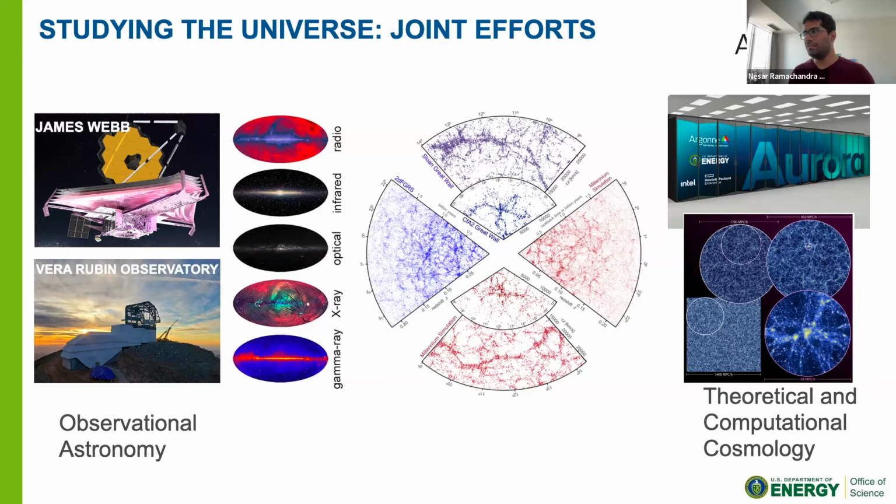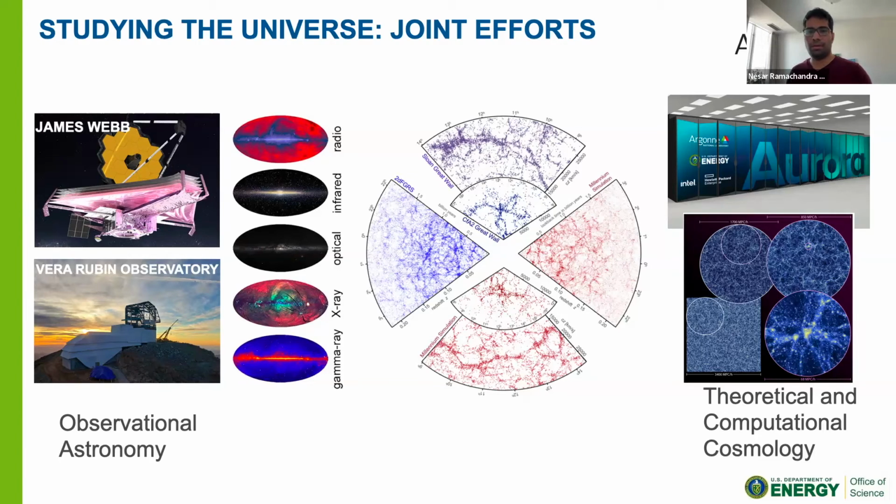And on the other end, we have these simulations that are run on extremely large supercomputers. At Argonne, we have the HACC team, which creates these massive large-scale structures of the universe. And these simulations are extremely expensive. Essentially, what you're trying to do is bridge this gap between observations and simulations in the end.